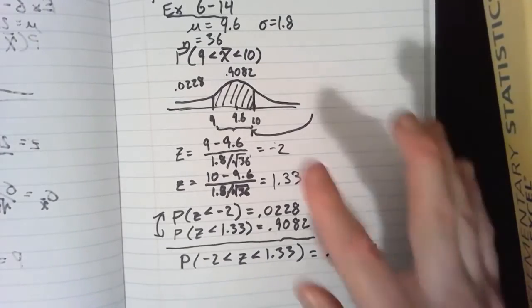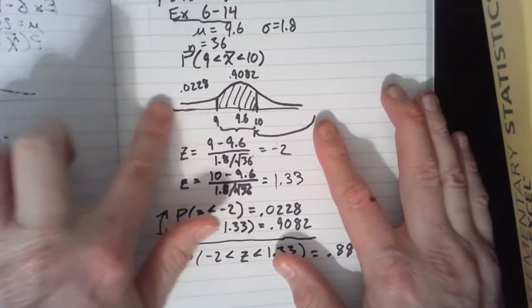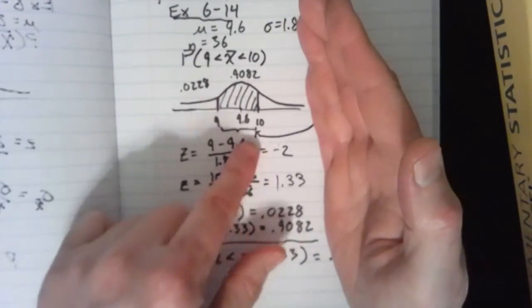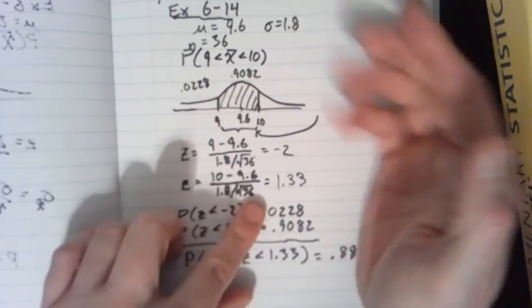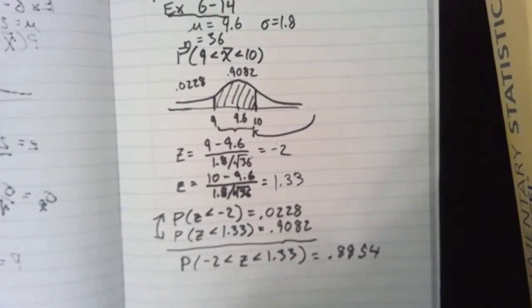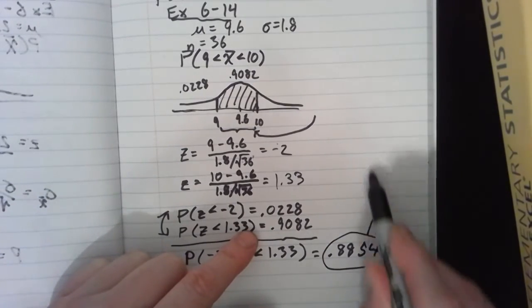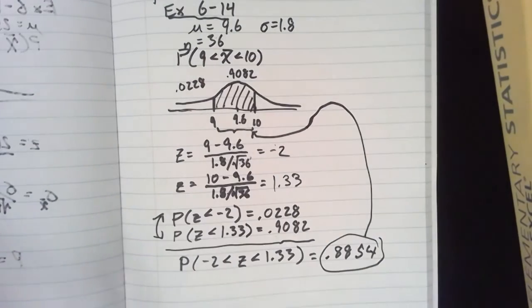Okay, so up here you can see this left area is 0.0228. This left area, everything to the left of this z-score corresponding to x bar equals 10, is 0.9082. And then inside here, this would be our probability attached to that. Woo. Okay, so that finishes up that one, because that is our final answer.